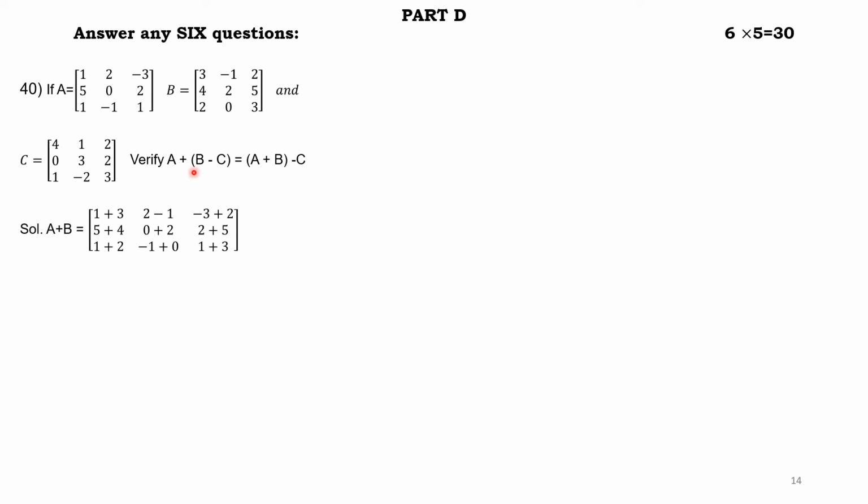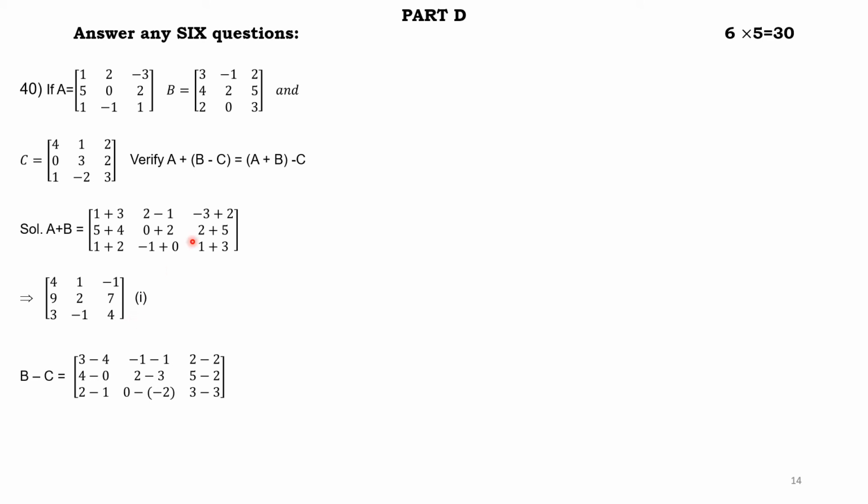So A plus B, we have to add the corresponding coefficients, that is 1 plus 3, 2 minus 1, minus 3 plus 2. Similarly 5 plus 4, 0 plus 2, 2 plus 5. 1 plus 2, minus 1 plus 0, 1 and 3. That is A plus B. We have added A plus B and the results are shown here. And it is simplified as 4, 1, minus 1, 9, 2, 7, 3, minus 1 and 4.